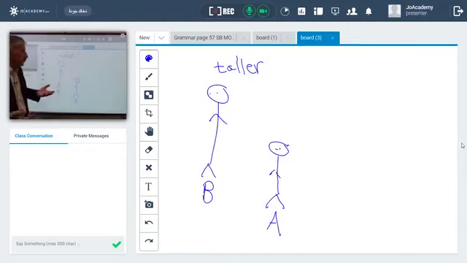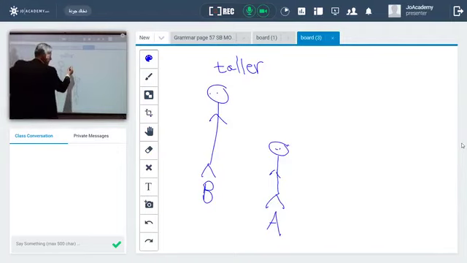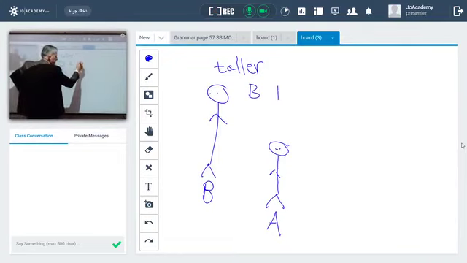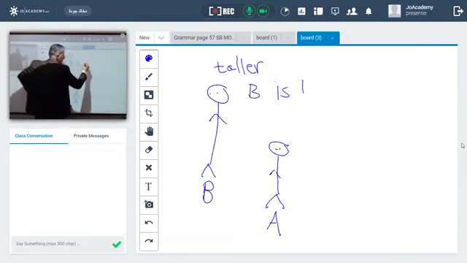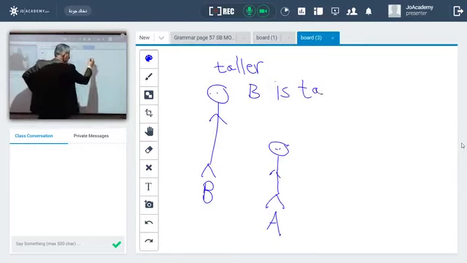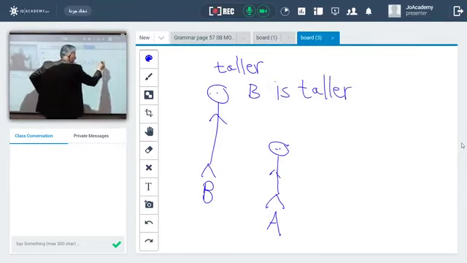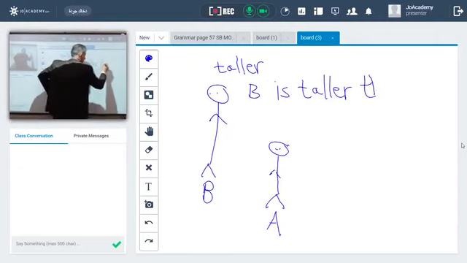We compare between two things or two persons. So I can say B is taller than A.